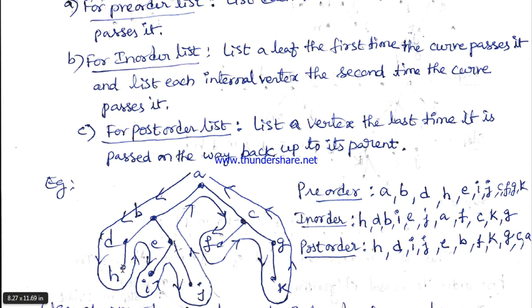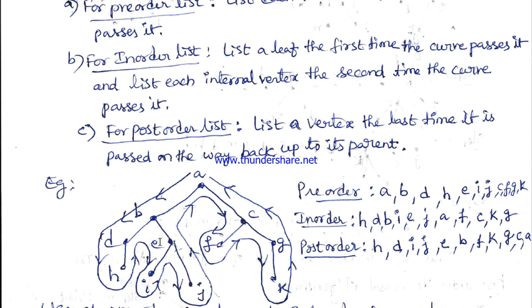It is the first leaf the curve is passing through for the first time. Next, after H we have the vertex D, because it was already visited the first time before H. Now for the second time it is being visited. So after H we write D, then comes B.